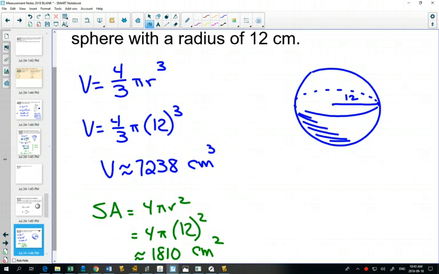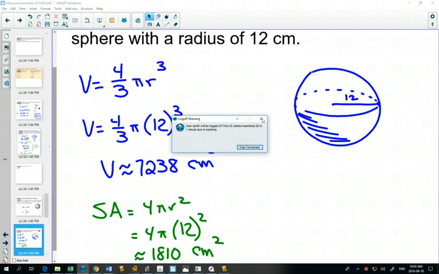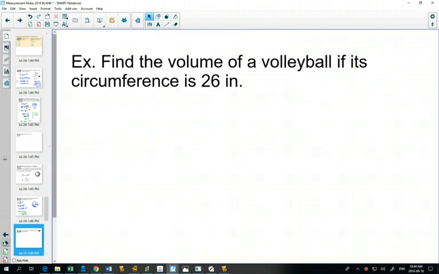So this would be the most basic kind of question. You've got all the information, you plug in volume, you plug in surface area, type it into your calculator, boom, you get the answer right away. More complicated questions look something like this.